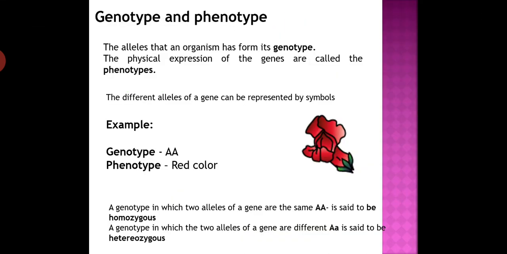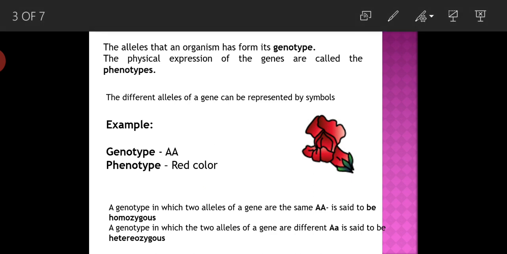The other concept that we have to discuss is the genotype and the phenotype. The alleles of the organism form what we know as a genotype, and these are represented by symbols.